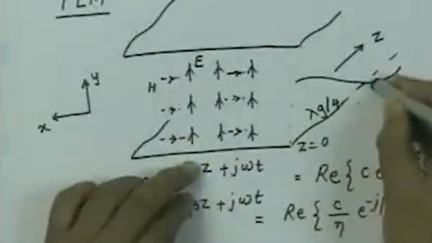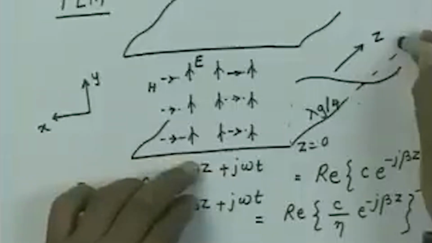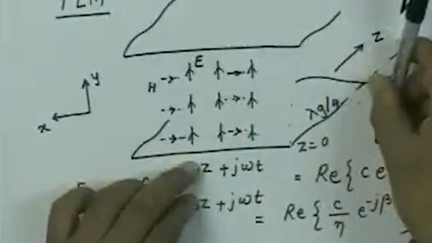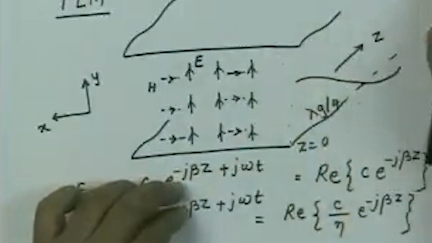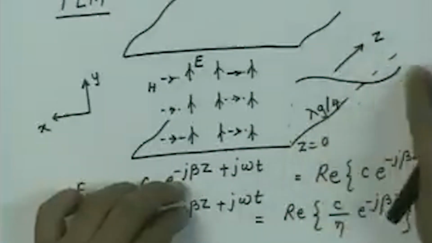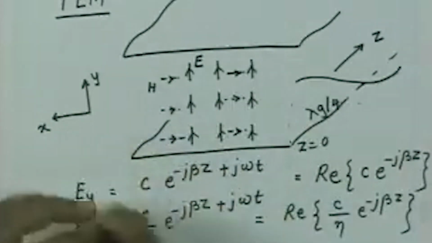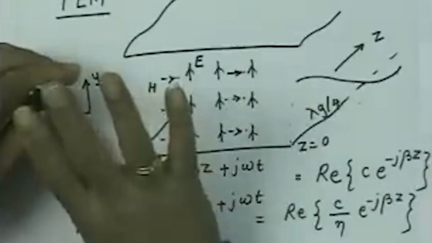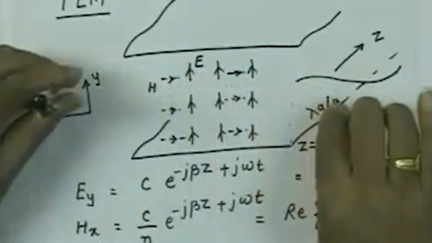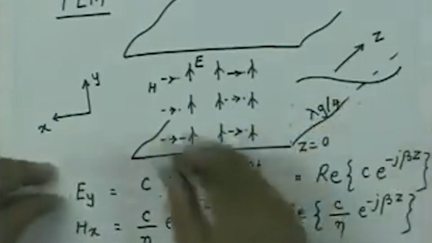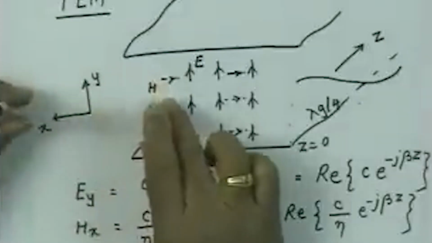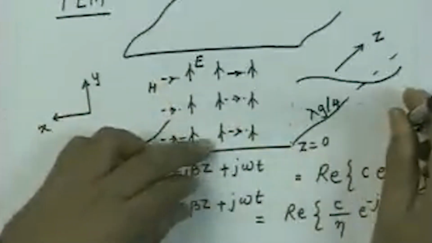It is maximum here, and as I move lambda g by 4 along the direction of wave propagation, these fields will go to 0, then they will reverse direction after lambda g by 4, and go to maximum when z becomes equal to lambda g by 2. So the electric field is maximum here, slowly reduces, goes to 0, changes direction, increases, reaches maximum negative, goes to 0, changes direction, increases, again maximum.